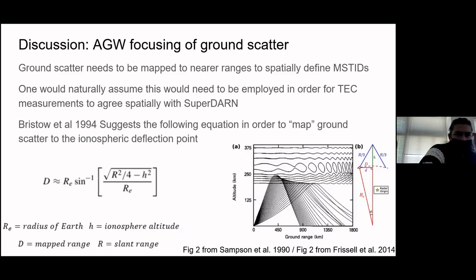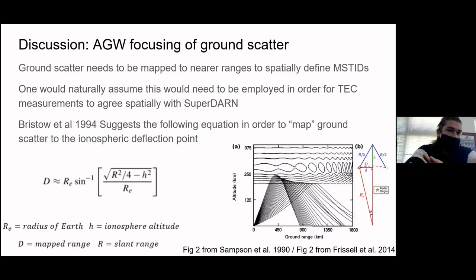The other problem is that if you're trying to view this through a TID lens, you have the slant range, and you want to map it to half the slant range, or wherever it turns over, where you're trying to measure the TID. So you would expect the TEC measurements to be roughly half the range of where you see the SuperDARN measurements.